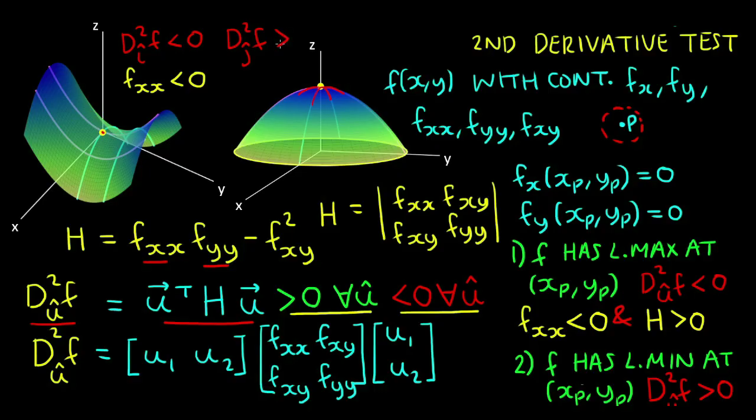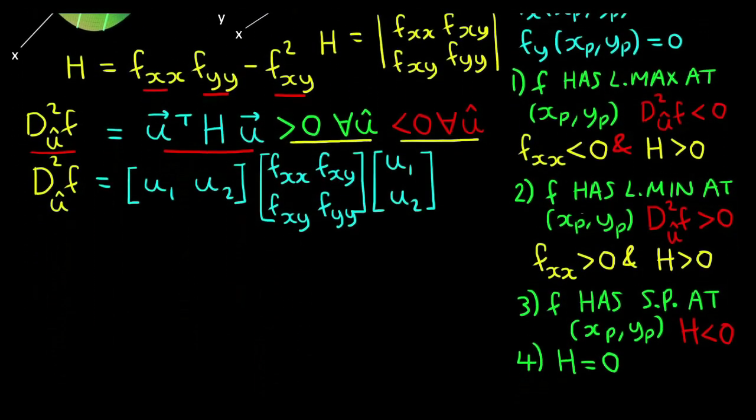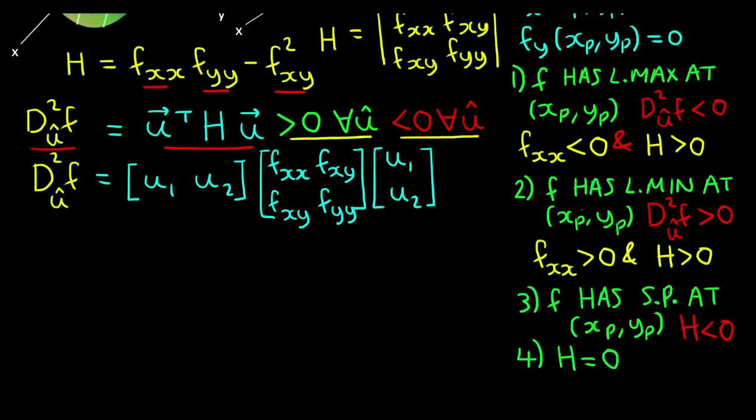So the directional derivative is larger than 0. So we see that fyy is positive. So basically we evaluate these partial derivatives and evaluate the mixed derivative and you'll find that the Hessian is less than 0. So that's the third condition, where the function has a saddle point at the critical point.